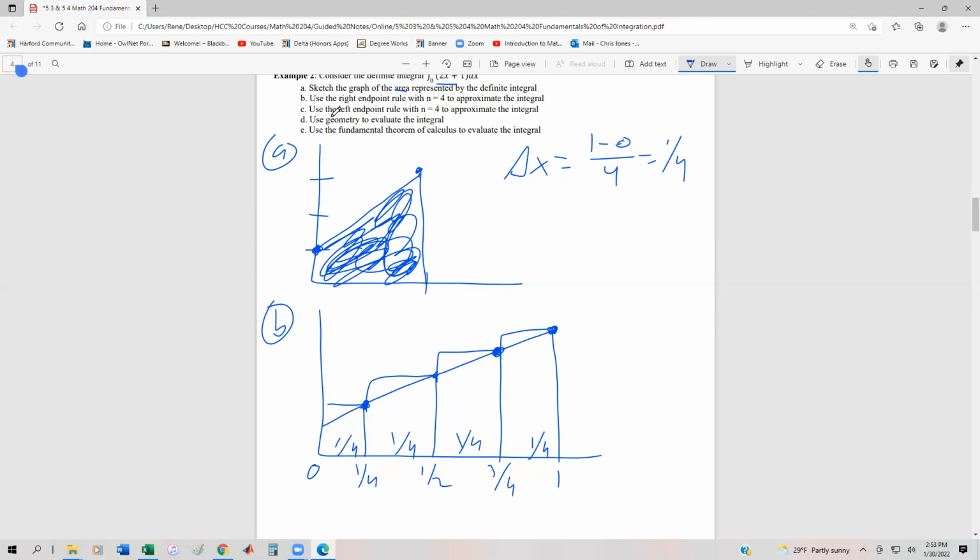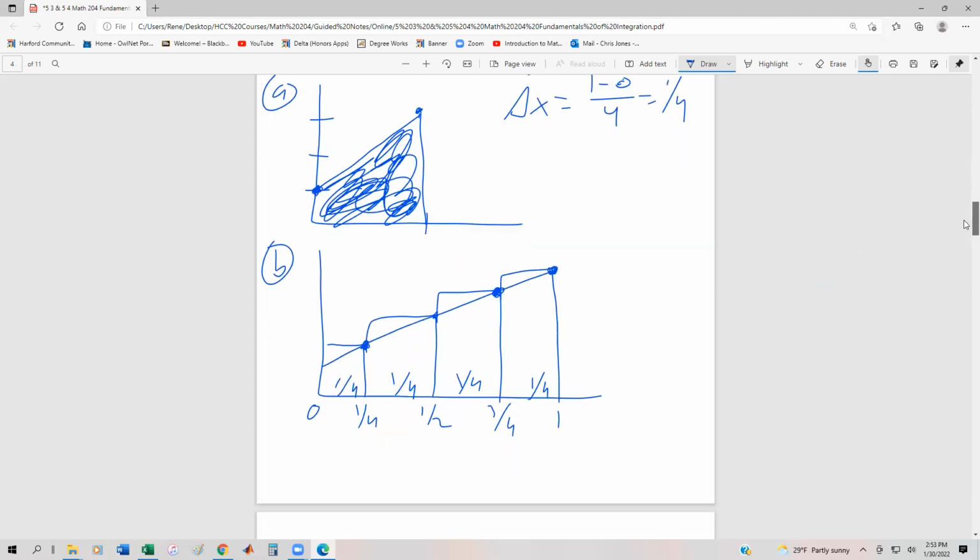So to approximate the value using the right endpoint, and remember, right is going to be an overestimate, this is going to be a quarter times the function evaluated at these 4 values.